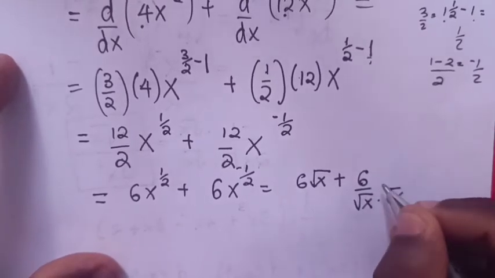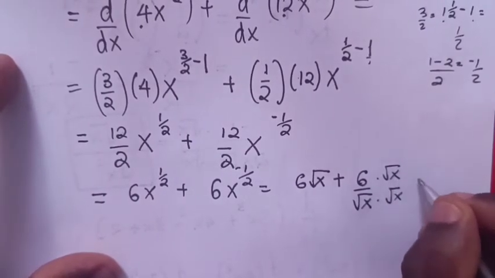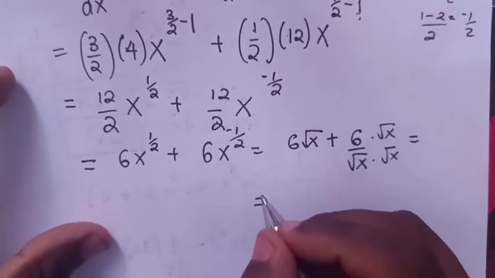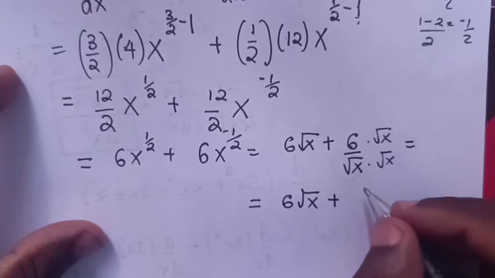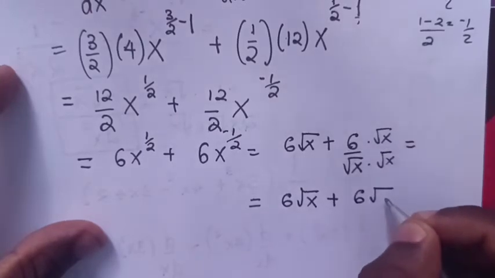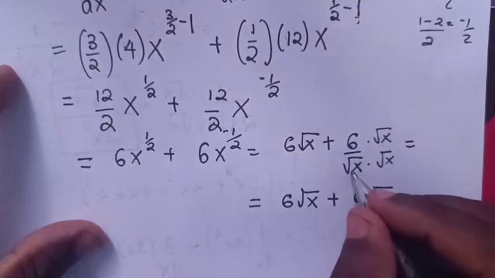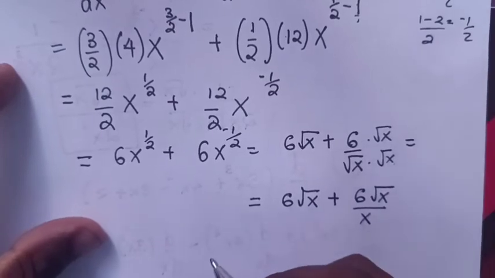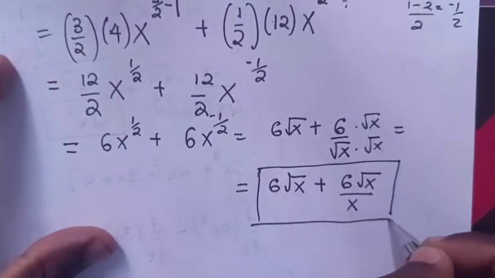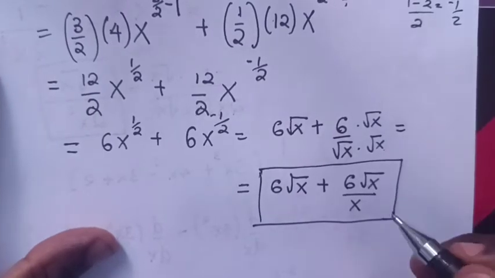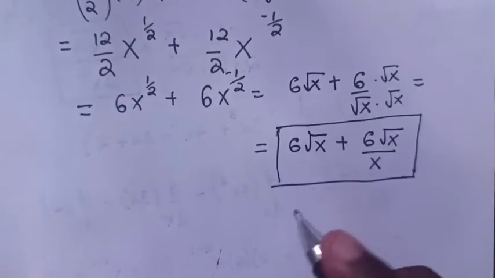Now rationalize the denominator, the square root of x. We multiply by square root of x in numerator and denominator. In this second part it will be 6 square root of x plus, this time, x in the denominator. Square root of x times square root of x is x. So this is our answer.